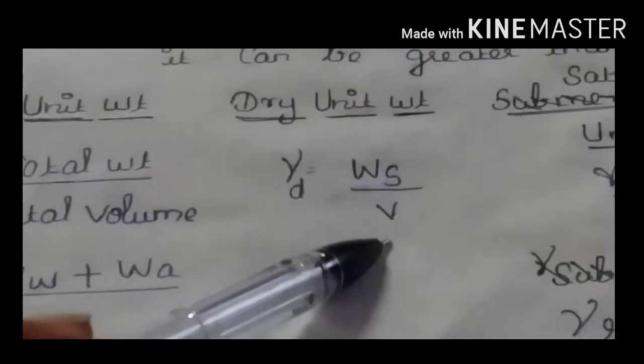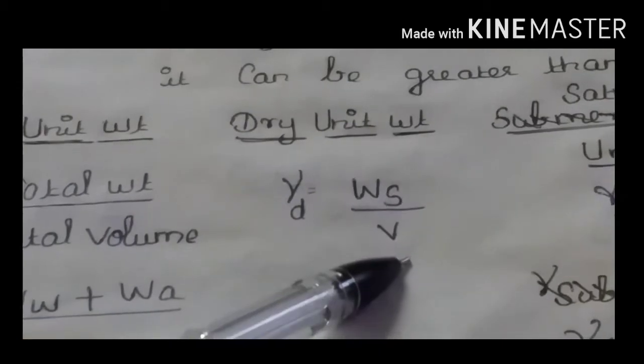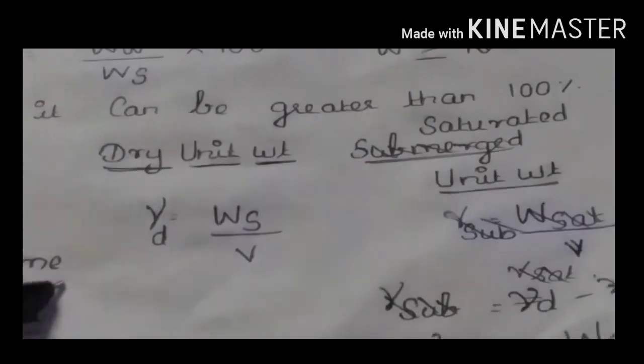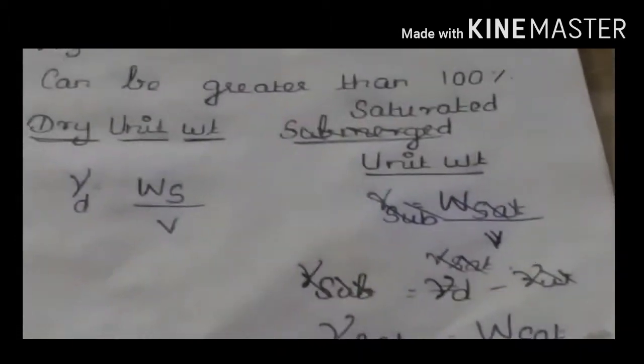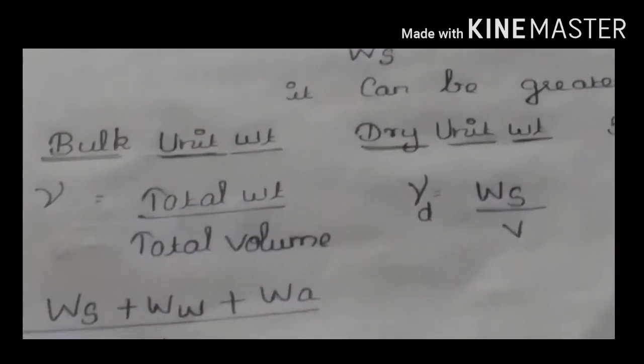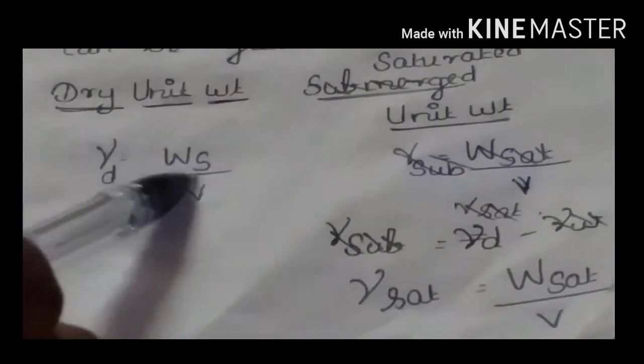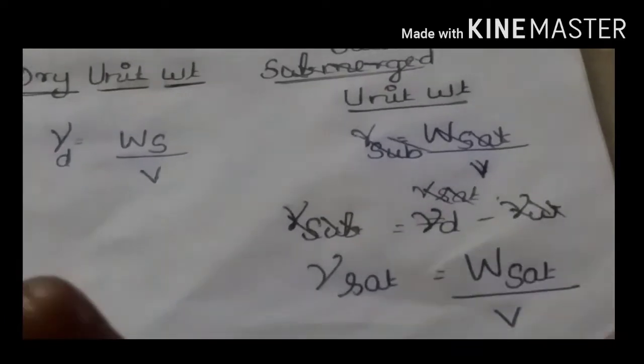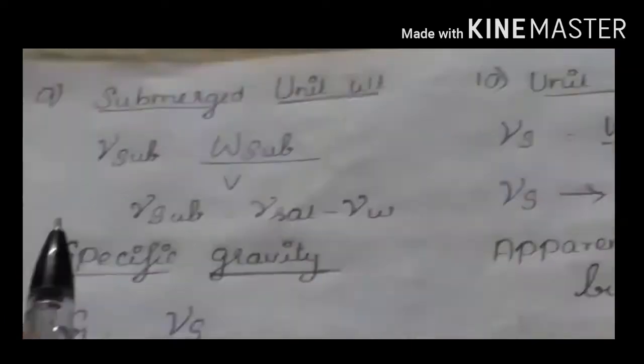In dry unit weight, there will be no presence of water. Therefore, weight of water will get eliminated. Weight of air is already 0. So, we can get weight of solids to the volume. Saturated unit weight: instead of weight of the solids, we have to write saturated weight of the soil to the total volume.